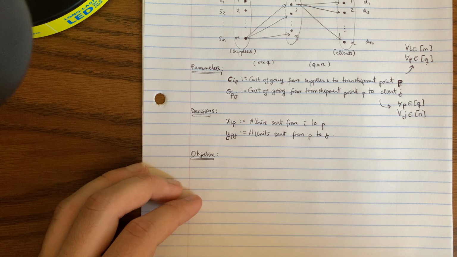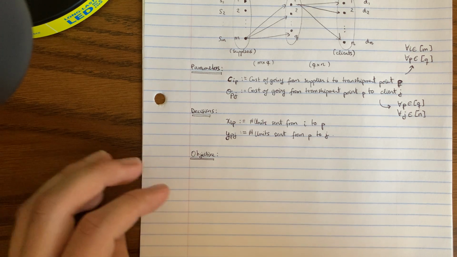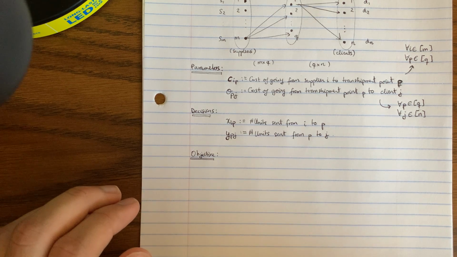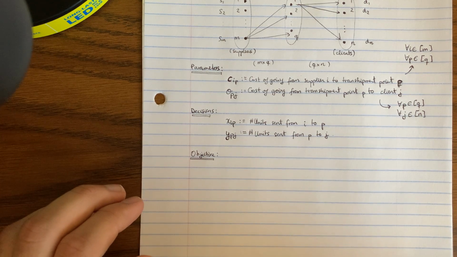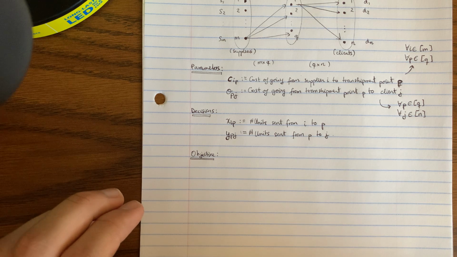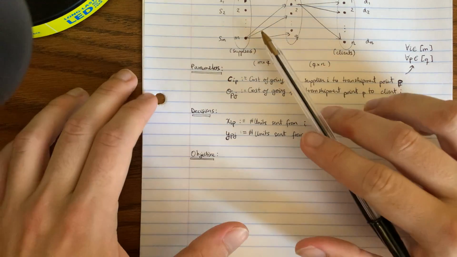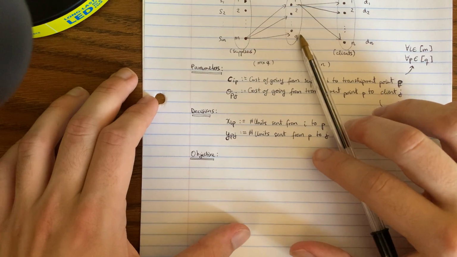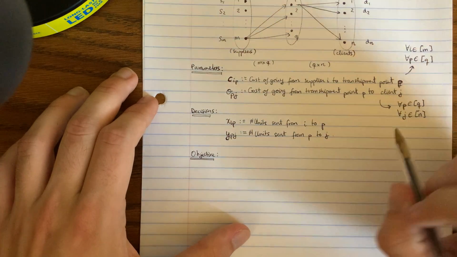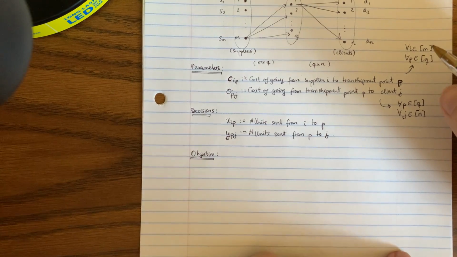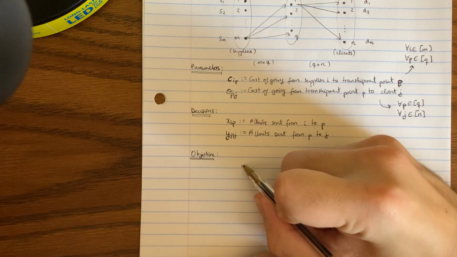Well, the conditions to satisfy demand will be imposed by the constraints, which is the next part we're going to do. But for now, all we have to say is that the cost we incur is directly related to how much we send along each of the arches and at which cost. I don't know if that was clear, but I'll write it down so that it's obvious.